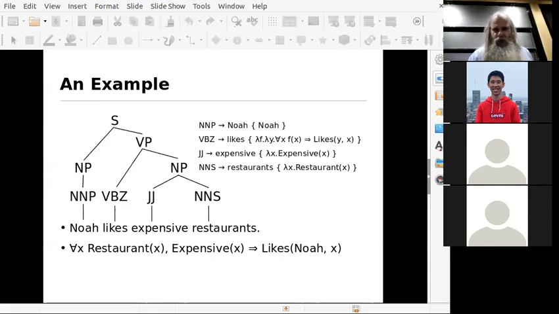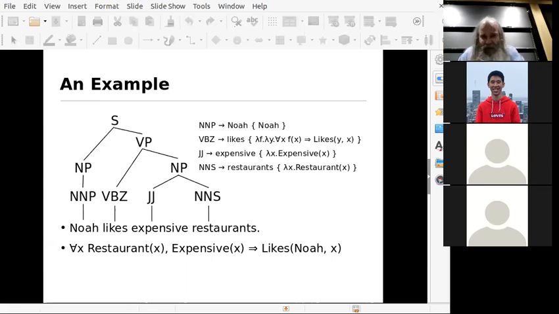Let's have a look at the word likes. So likes is a verb that takes two arguments. It takes something, x likes y. If you just look at the word likes as a verb in isolation from this sentence, we want a representation that's got the two arguments, but we don't know what the two arguments are yet. They're going to be given to us while we're actually doing parsing.